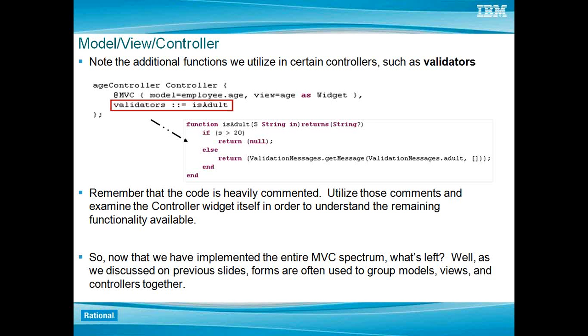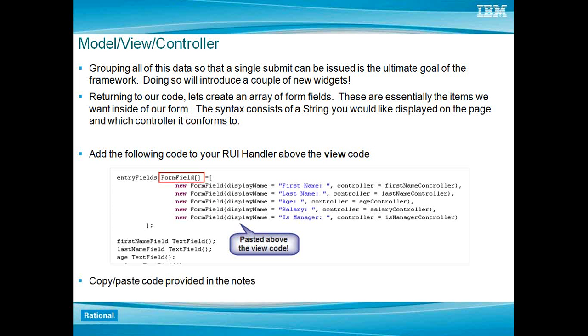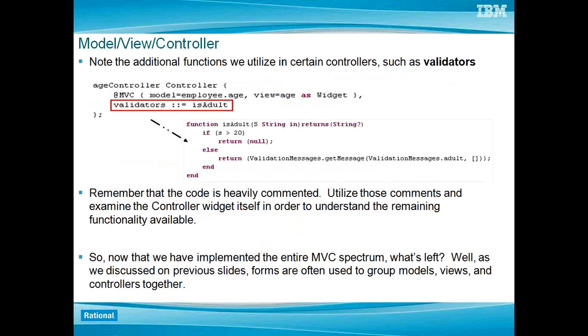So when we are going to submit this model, then the controller will automatically call those corresponding validators, and then display the corresponding message on the screen. Here it's returning a message.